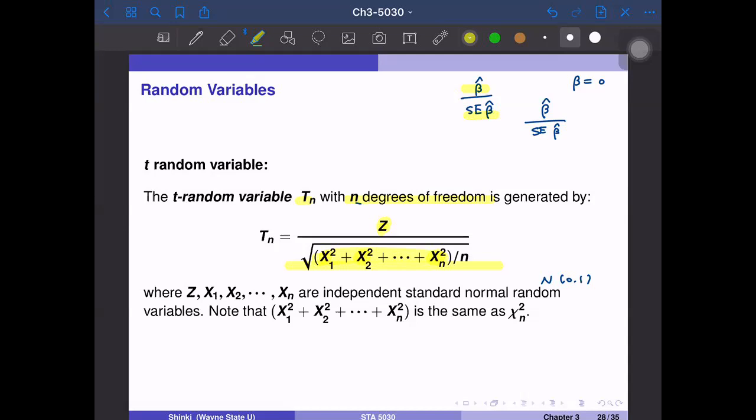Here, the sum of x1 square to xn square, these n terms, is exactly the chi-square random variable. So we can say that the t distribution is normal 0, 1 divided by the square root of chi-square n divided by n.